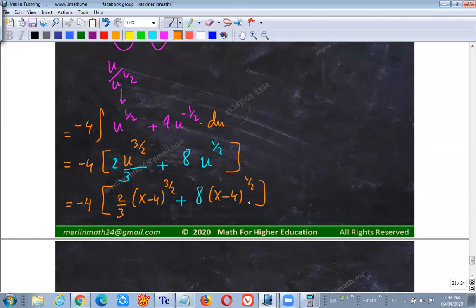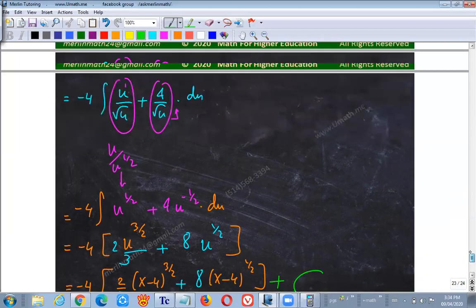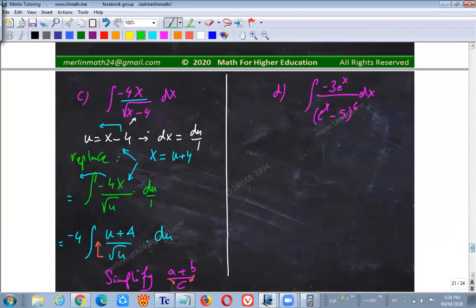That's it. And plus c, you don't miss it. Any question? I mean, you are practicing hardest scenarios, right? Okay. So this is the splitting scenario. Good. Okay. Now we are done with C.